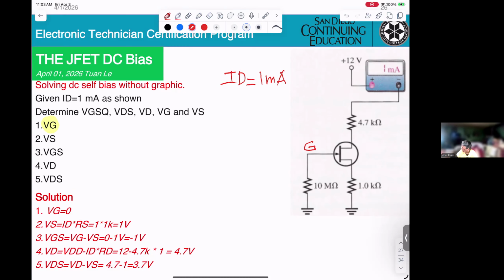That will be the drain, that will be the source. VG equals, with ID equal 1 milliamp, also IS equal ID, VG will be equal 0. Nothing here. So that's why.